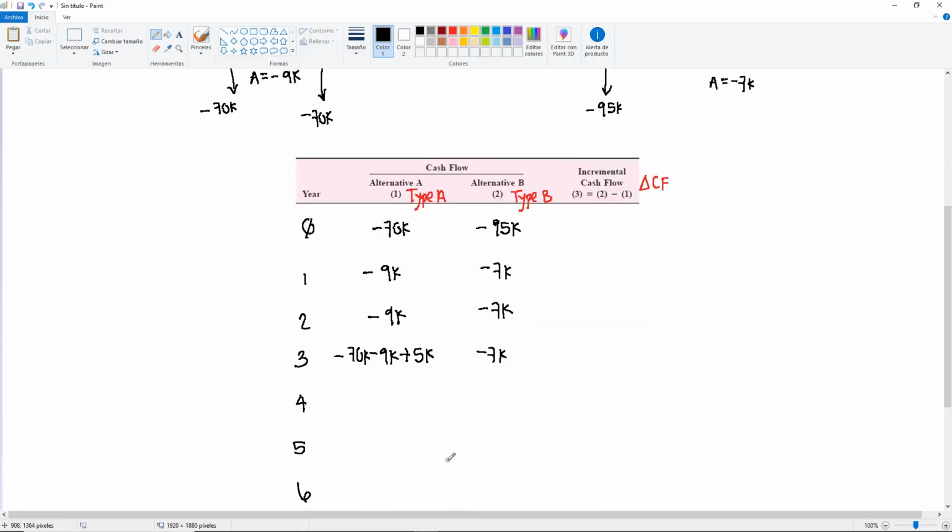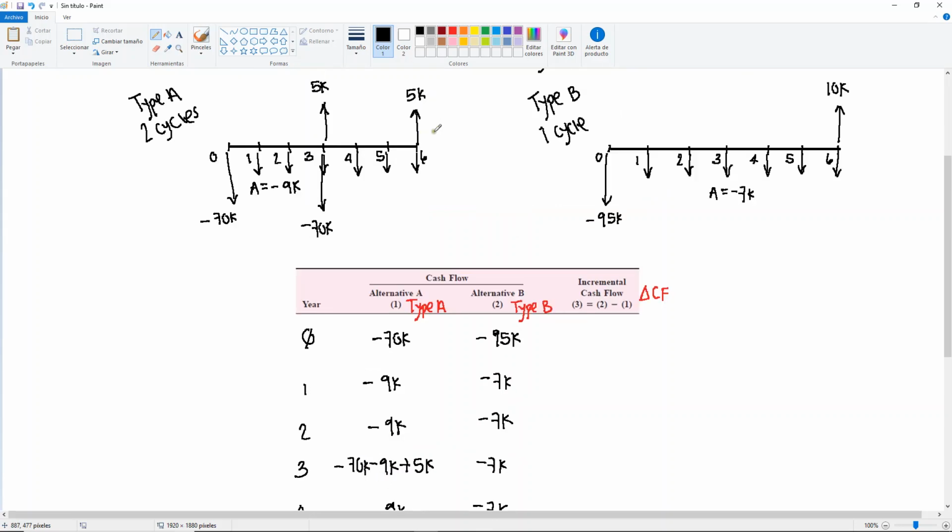So we keep on filling out the table. We have minus 9,000, minus 7,000, minus 9,000, and minus 7,000. When we get to year 6, you will notice that you also have 2 cash flows here. You have the A, and you also have the salvage value. In the previous example in 6.4, we had the last year repeated. Remember that in that case it was 1 through 25 with the same A, and then the 25th year separately.